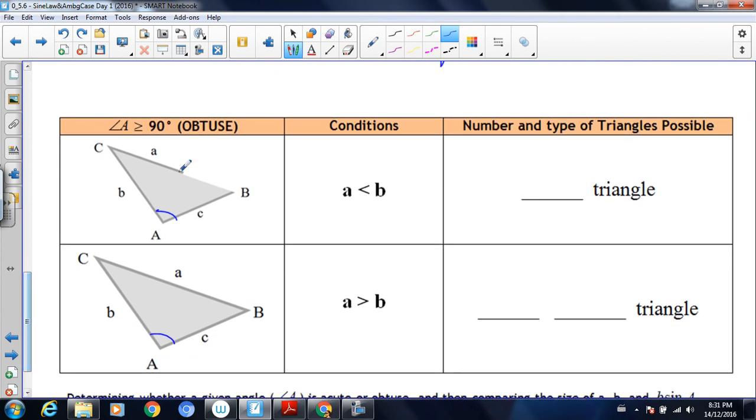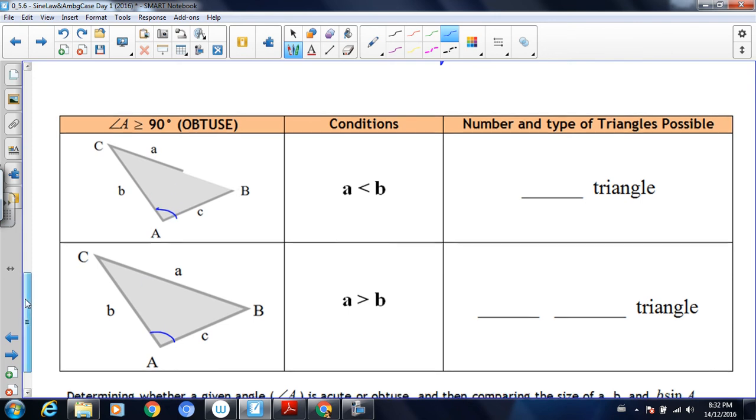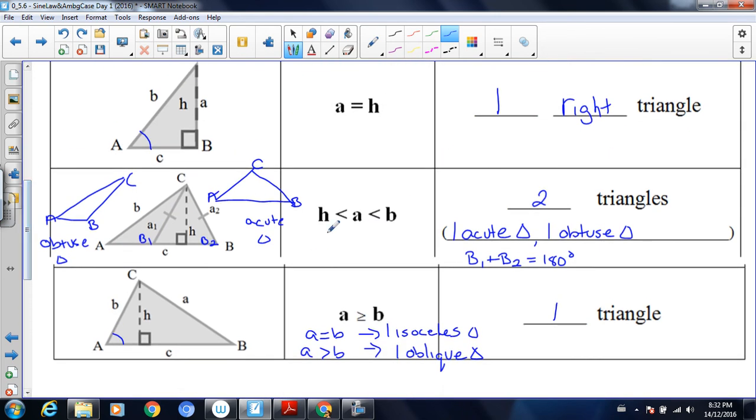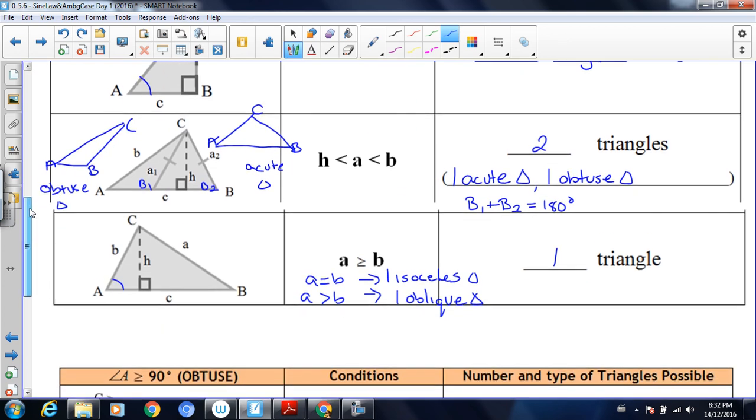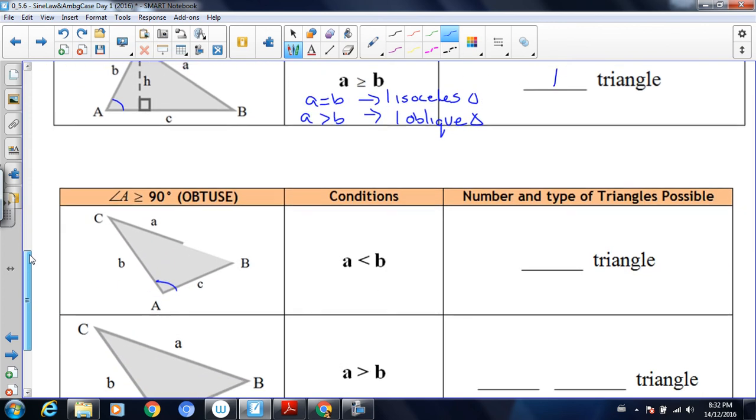Now, when your angle A is greater than or equal to 90 degrees, you will have an obtuse triangle, and there are two different conditions. This should ring a bell: anytime angle A is greater than or equal to 90, you should know automatically that it is not the ambiguous case, and you will not have two triangles.